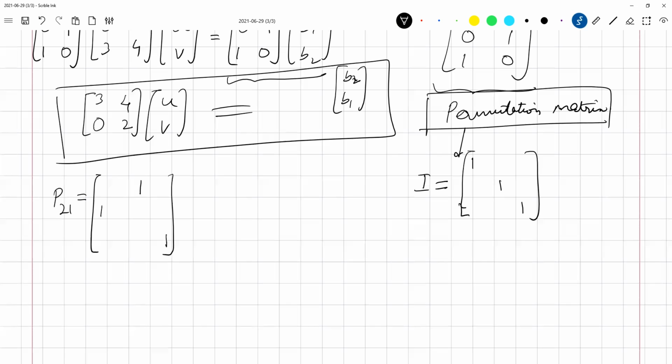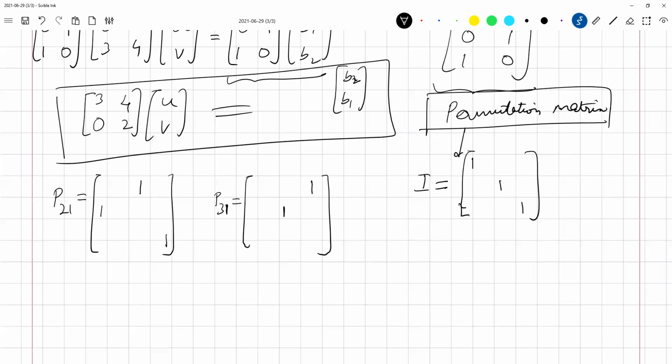So this is P21. What about P31? 0, 0, 1, then 0, 1, 0, then 1, 0, 0. The second row stays the same, and the third row and the first row are exchanged.